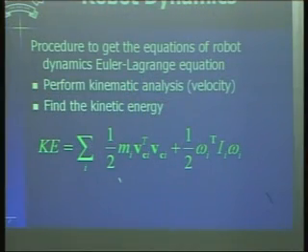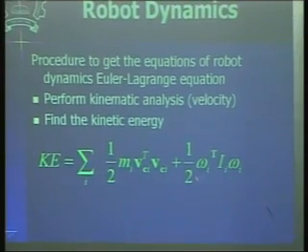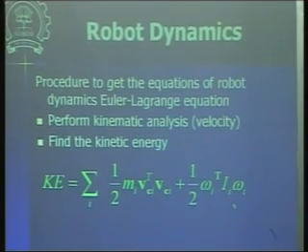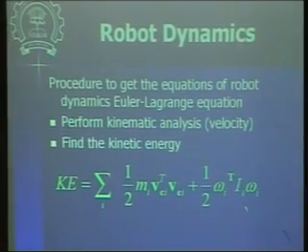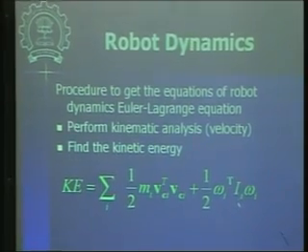This is basically the expression. You can see that this Vc is the velocity of the CG of the link that you are talking about, and this term omega I is the angular velocity, and the kinetic energy because of the rotational part.